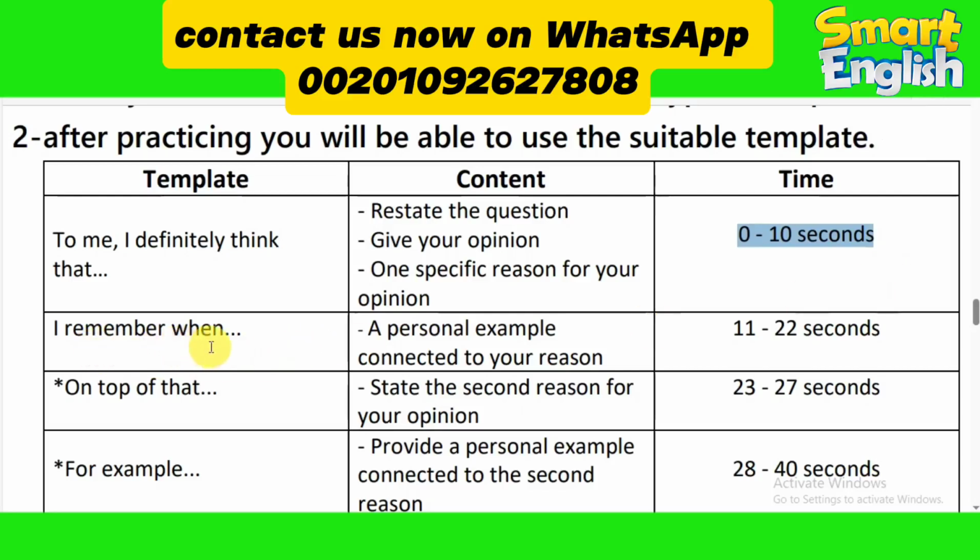I remember when. This is the point of giving an example to support your idea. So a personal example should be included here, connected to your reasons. It's very important, because some of the students make a big mistake: they give an example that has nothing to do with the real idea.